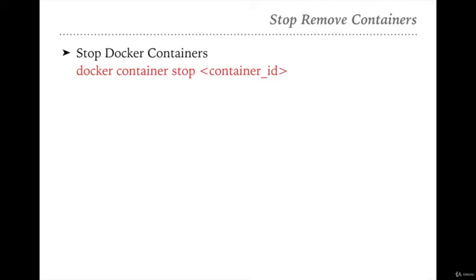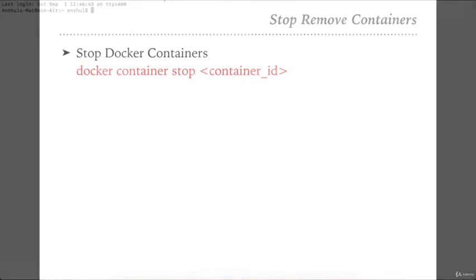So to stop the containers, we have a simple command docker container stop, then you need to provide the container ID. So let's start with the commands. To start with the Docker commands, I need to SSH my remote machine, my remote Linux machine where I've installed my Docker. So I will open the terminal and SSH my machine.